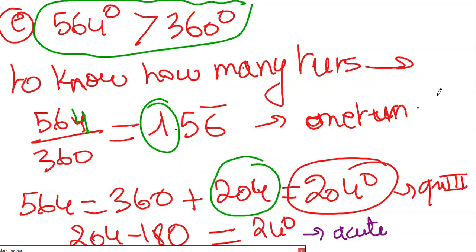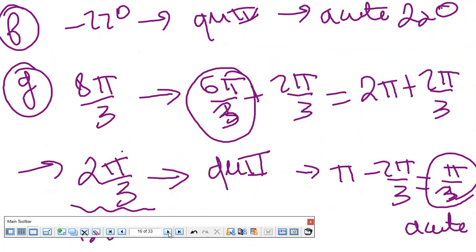Quadrant 3. So I'm here in this quadrant. How will I be able to find this angle? I can do 204 minus 180, and it gives me the acute angle that's still remaining, which is 24 degrees.